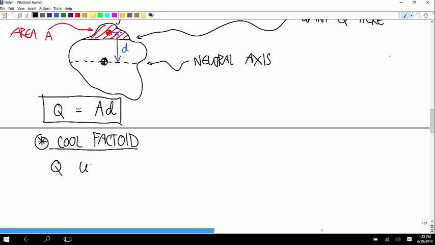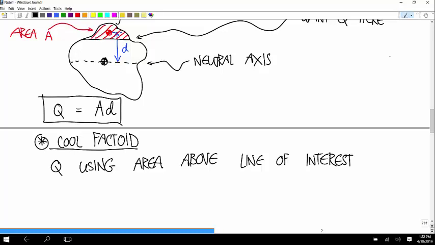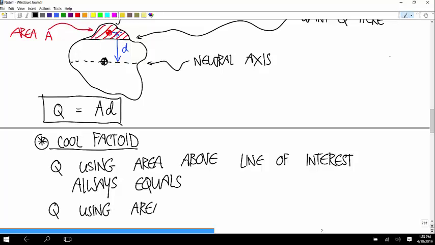Q, using the area above the line of interest, always equals Q using the area below the line of interest.